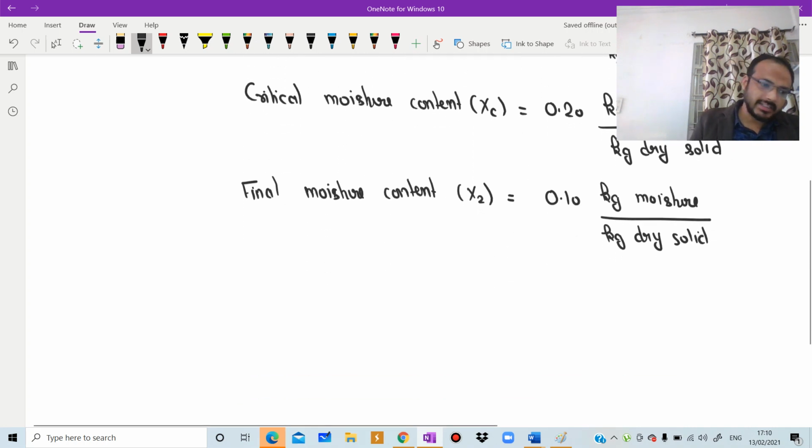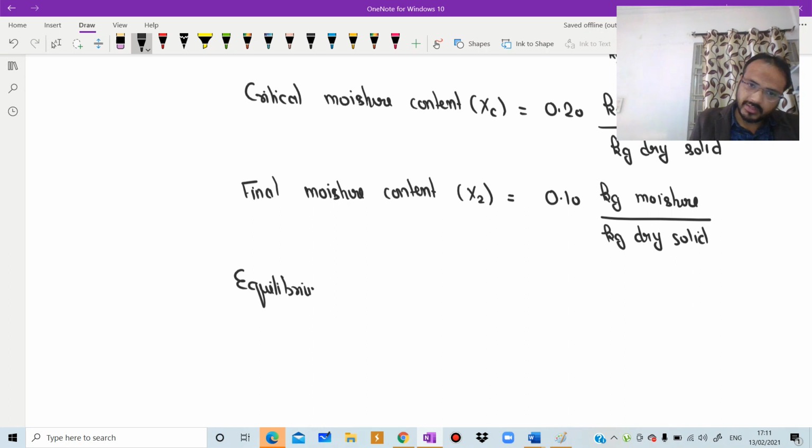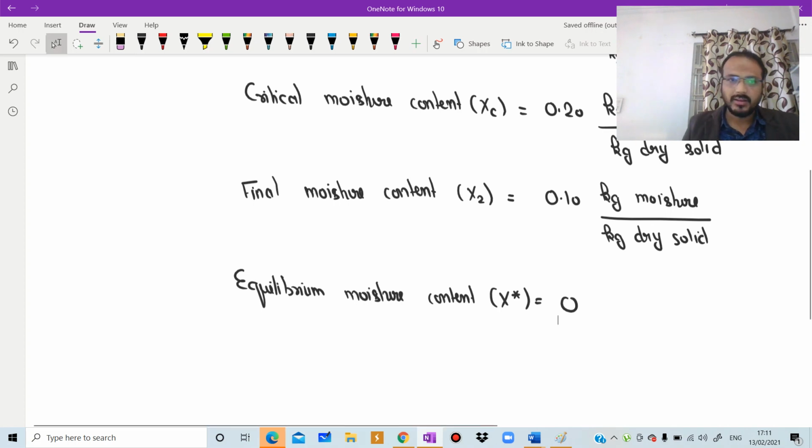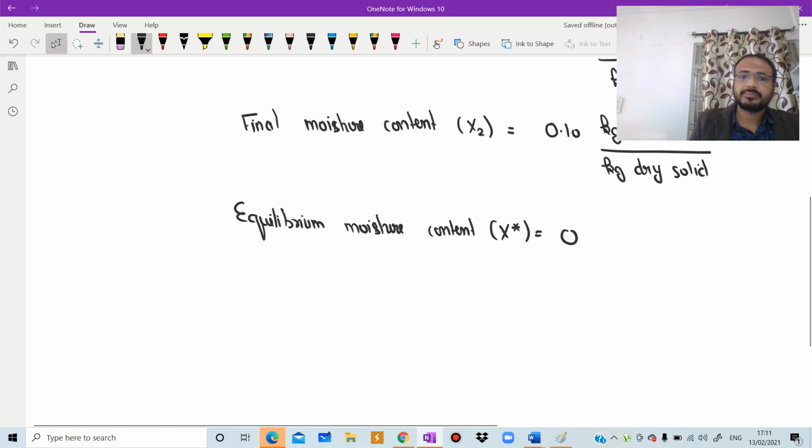Equilibrium moisture content is negligible. The value of the equilibrium moisture content, that is x star, is equal to 0 according to the problem.